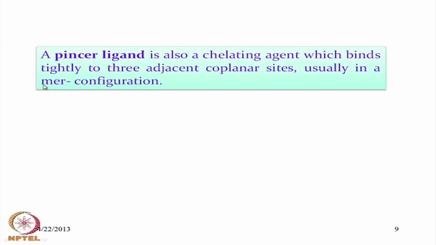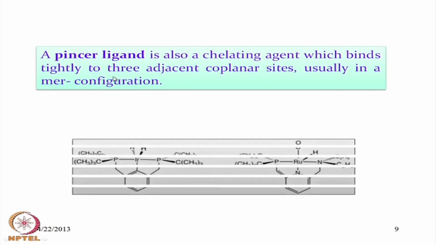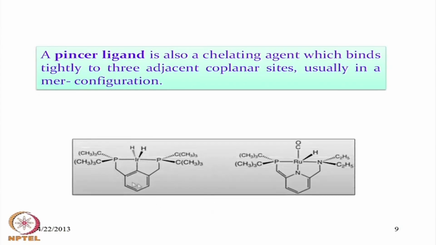That means an in-plane configuration is available for binding to the metal center. So, this particular ligand is one example of the pincer ligand.